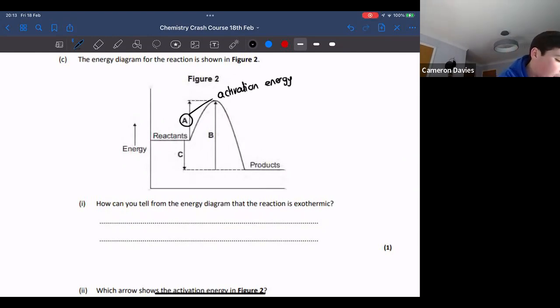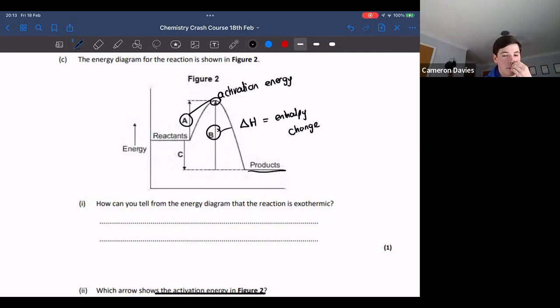And then B is something we call delta H, which is always the distance between the products and the peak of the reaction. So delta H is going to be our enthalpy change.